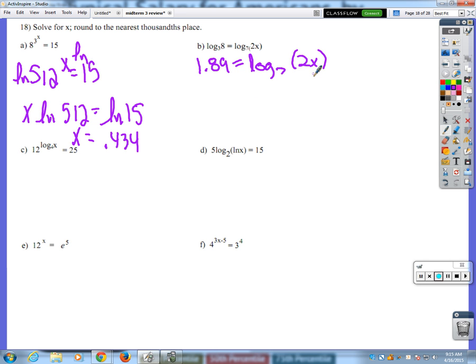So from here I would write 7 to the 1.89 equals 2x.